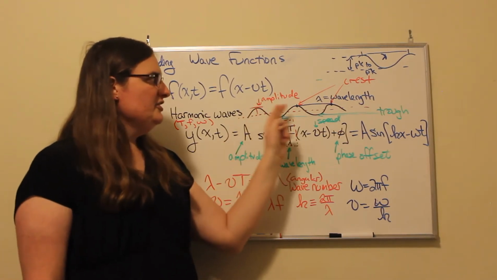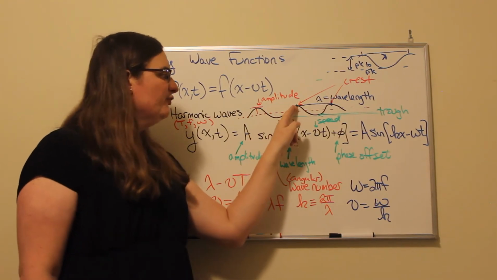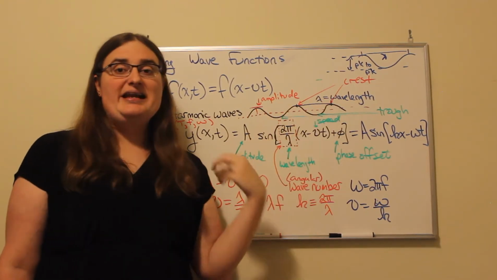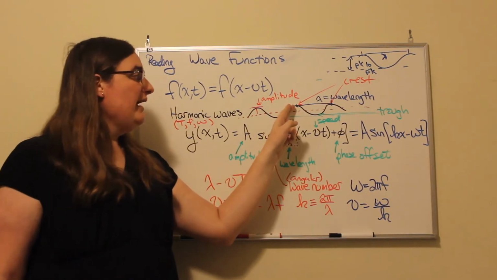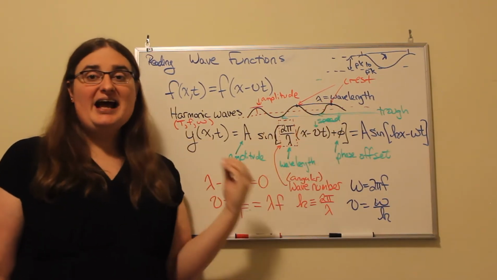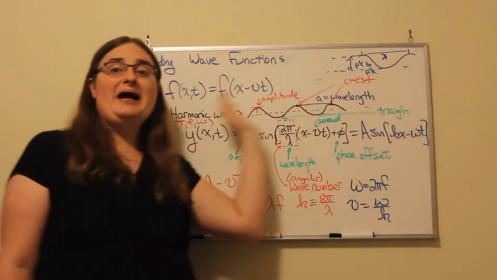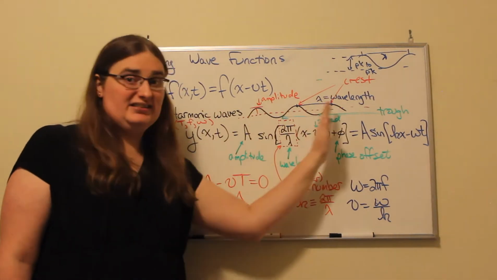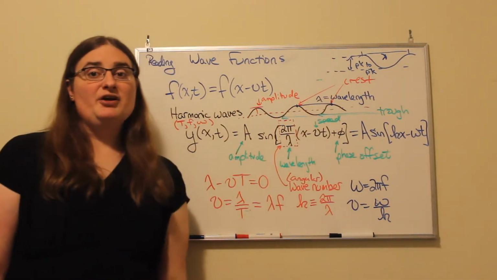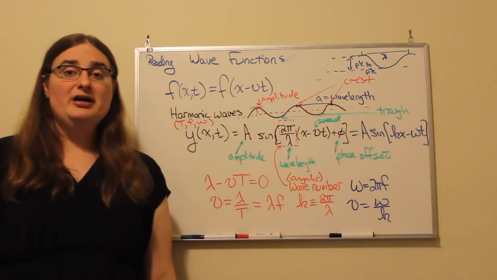Now, the other feature that has to deal with space is what happens if we take a look from one feature of the wave to the next feature of that wave. For a harmonic wave, every crest is going to be the exact same distance away from every other crest, moving forward or backward along the wave. Every trough is going to be the same distance away from every other trough, and it's the same distance as the distance between the crests.